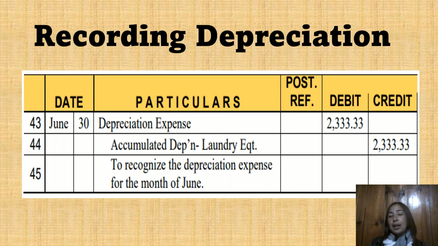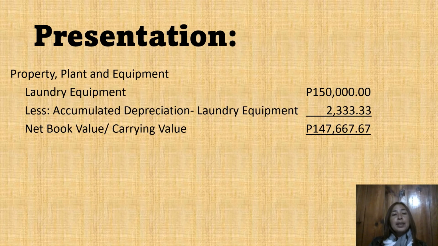Now, at the end, pagkatapos nating mag-record niyan, anong karugtong? Sa presentation natin, lumalabas naman ito sa balance sheet. So, kapag tatanungin sa inyo kung paano i-present yan, ganito yan. Under the part where we present our fixed assets or non-current assets, property, plant, and equipment, we write there the name of the equipment, the laundry equipment, and then write there the amount or the cost, which is 150,000 in our example.